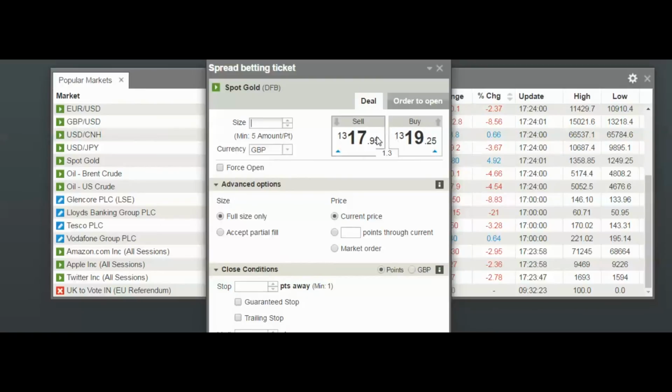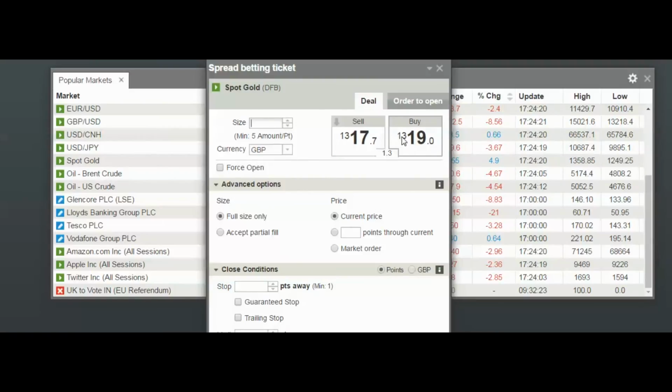gold. Let's say that gold was a buy of 1300. So we're interested in these big numbers here, not the point number there, because they're pretty minor in terms of how quickly that moves around. So what we're interested in is this number.